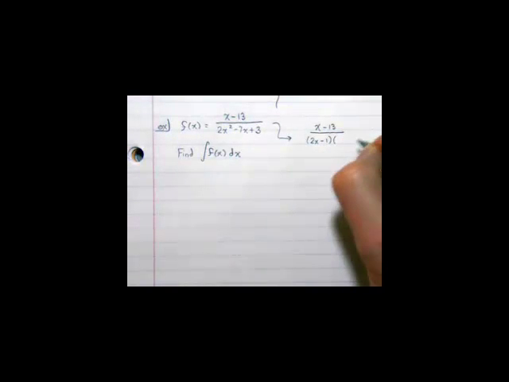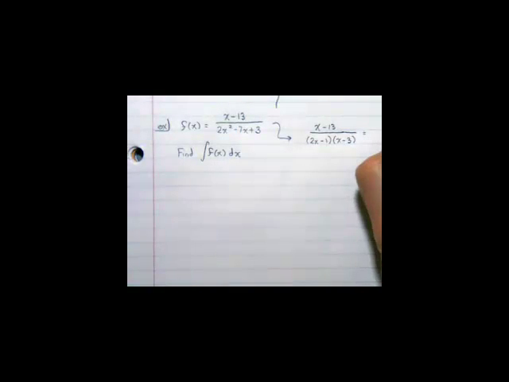But that denominator factored is 2x minus 1 and x minus 3. Okay. Now what? Done. Next. Okay.